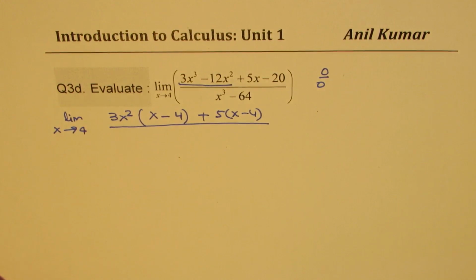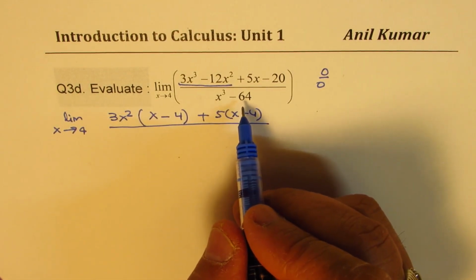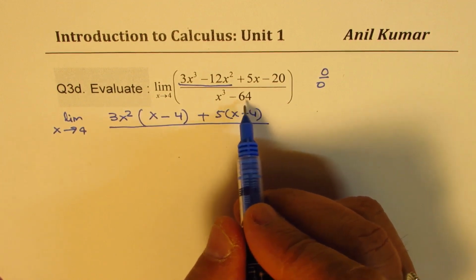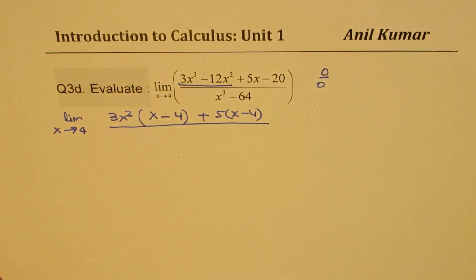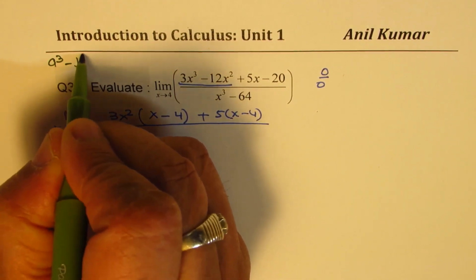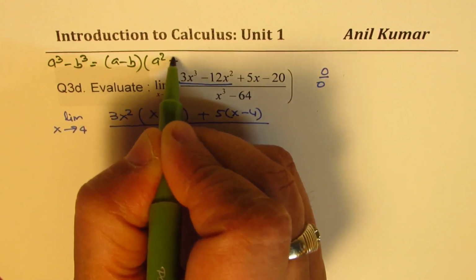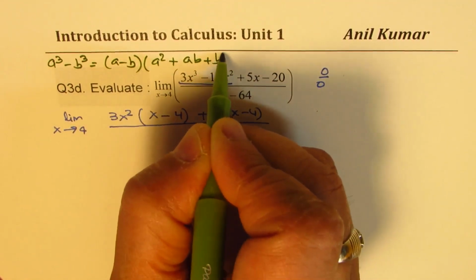Denominator, we have a cube, right? 64 is basically the cube of 4, right? So the a cube minus b cube formula will be applied. Let me write down here the formula for a cube minus b cube, which is a minus b times a squared plus ab plus b squared, correct?